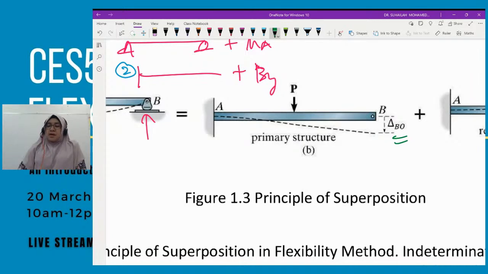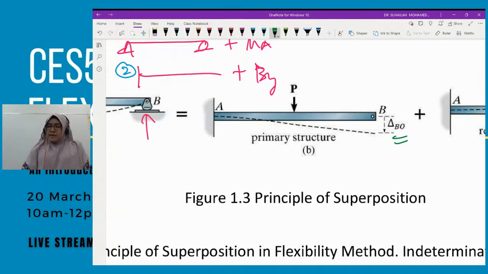The first notation refers to position. Position dia di mana? Di B kan? Di B. Deflection tu dekat B. Sebab apa kita pilih B? Redundant dekat B tadi. Okay, second notation naught.